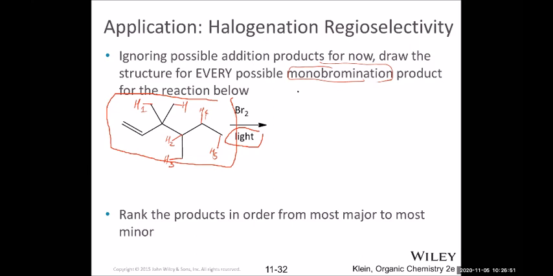And so if we draw those 5, there's lots of drawing, but nothing really difficult. This will be the first one. The first hydrogen is substituted by the bromine, and the second one will be this carbon.